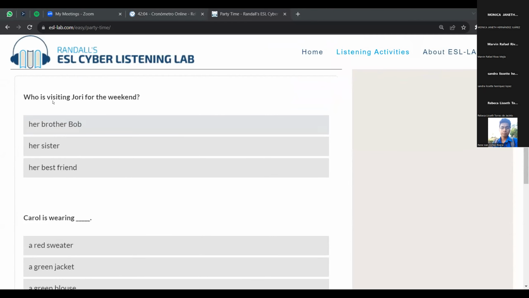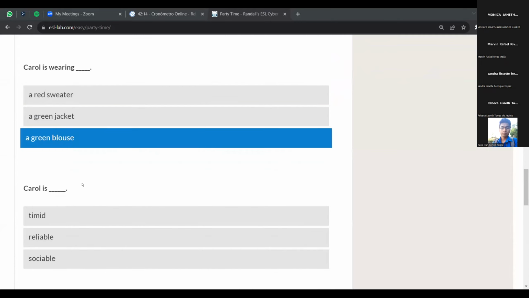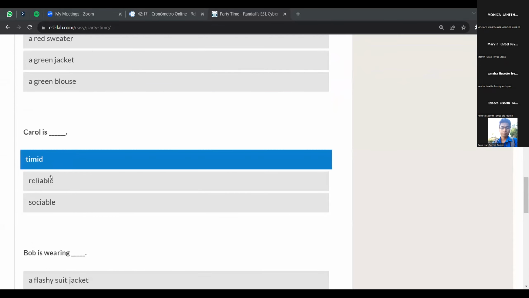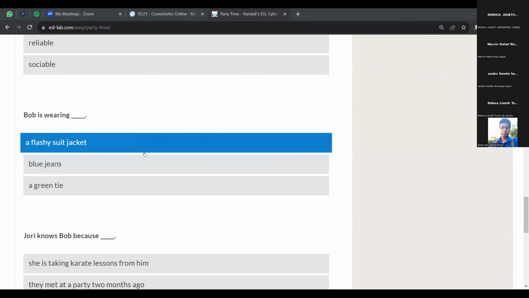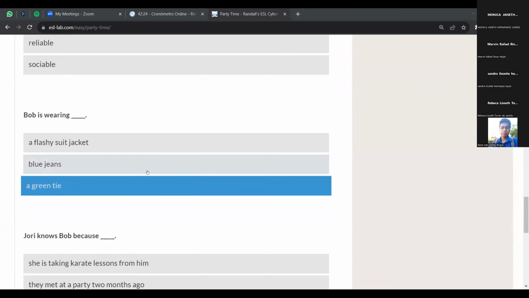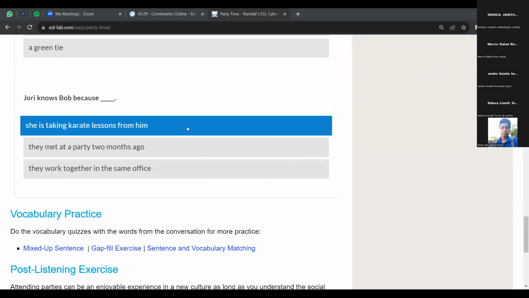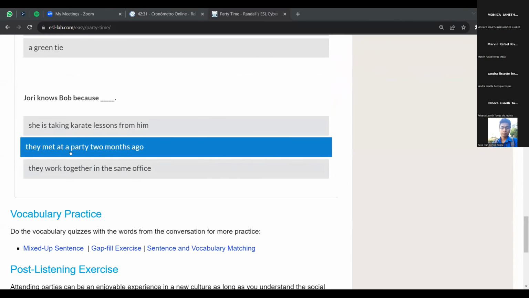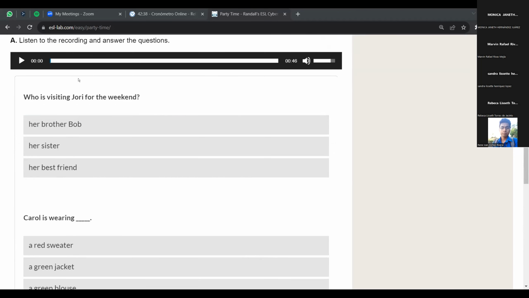Questions are, who is visiting Jody for the weekend? Her brother Bob, her sister, or her best friend? Carol is wearing a red sweater, a green jacket, or a green blouse. Carol is timid, reliable, or sociable. Bob is wearing a flashy suit jacket, blue jeans, a green tie, so you have to choose only one. And the last one, Jody knows Bob because she's taking karate lessons from him. They met at a party 2 months ago, or they work together in the same office. So we'll listen to the audio and answer.